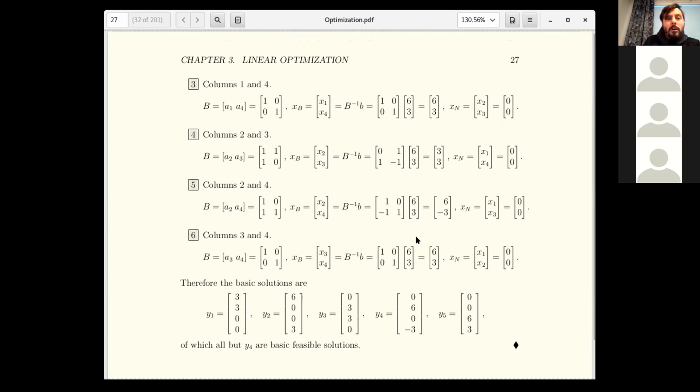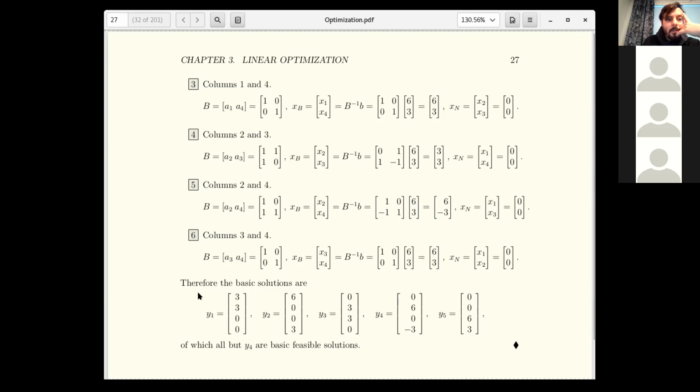Here's 1 and 4, 2 and 3, 2 and 4, 3 and 4. So try them all. And we see that when you choose 2 and 4, it's not feasible, obviously, because we have negatives here. All the others are feasible solutions, right?